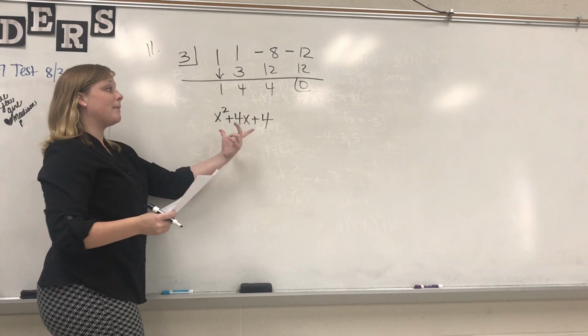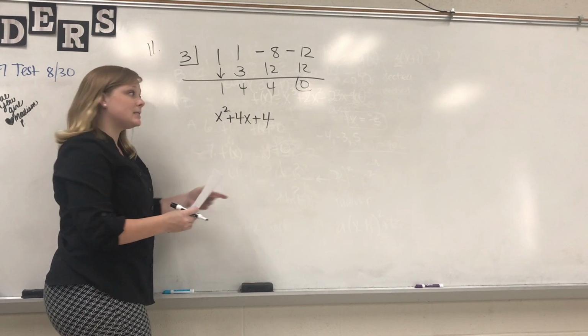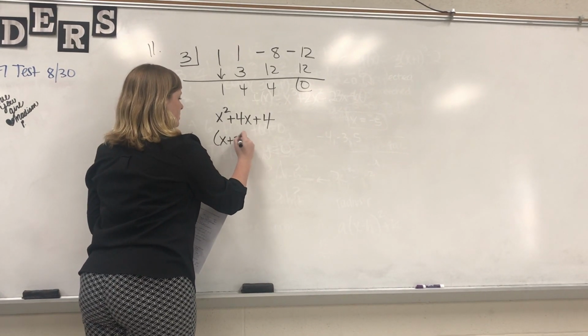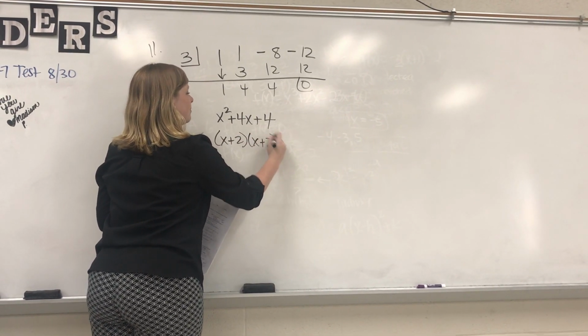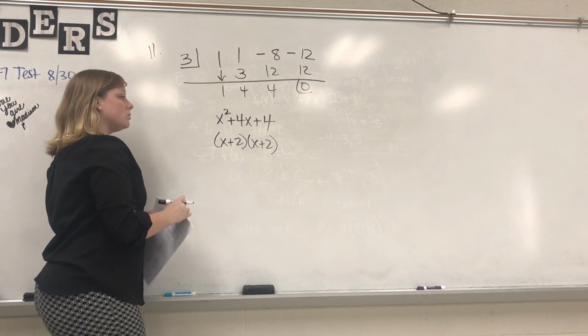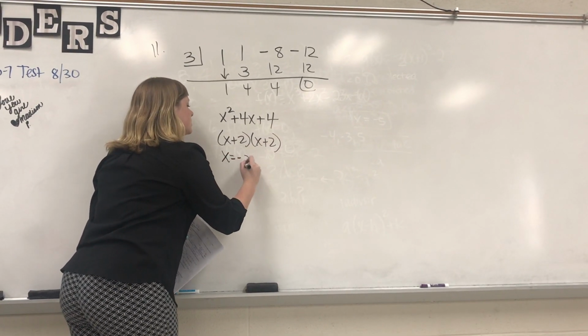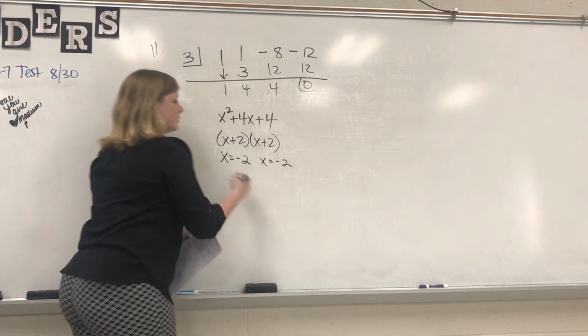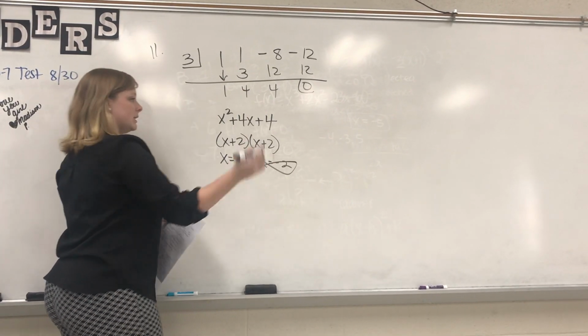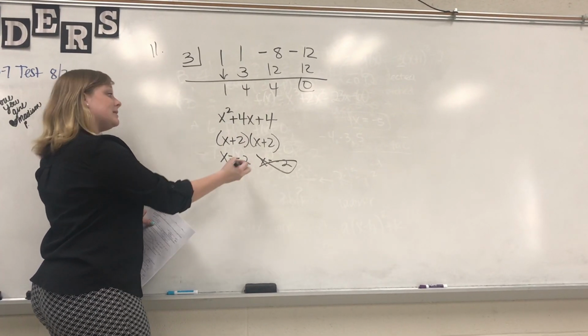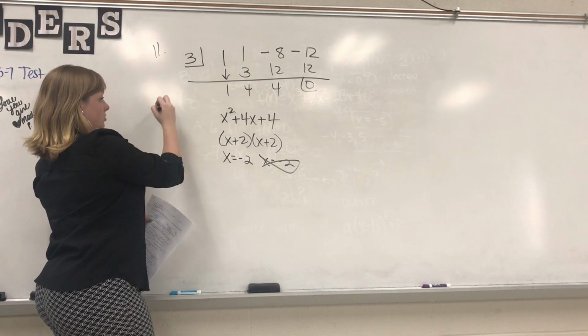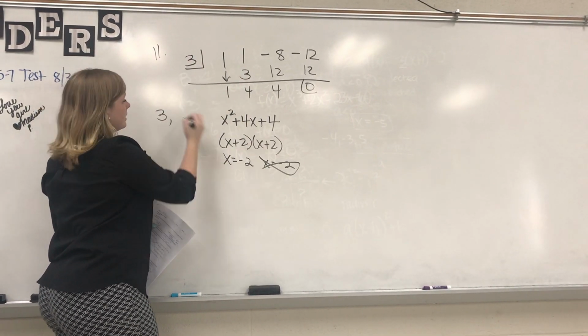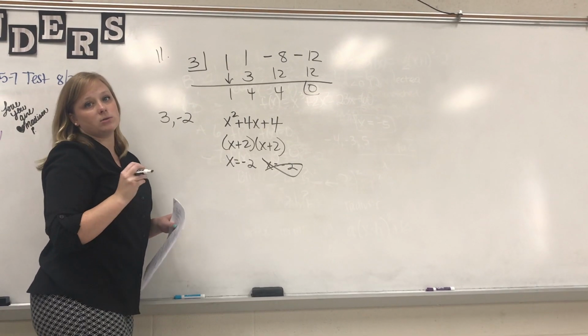If I want to figure out my remaining zeros from this, I'm going to factor this. Two numbers that multiply to 4 and add to 4 are 2 and 2. And I'm going to set those equal to 0. They're the same thing, so I don't need the other one. That means my zeros of the function are 3, which was given to me, and -2. Those are my zeros, okay?